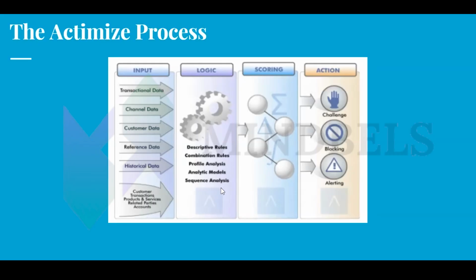Okay, then sequence analysis. Sequence means, again, something historic. As I said, it is related to the analytic model to understand the behavior. And this is where the actual thing happens. The scoring part is what decides whether it is eligible for an alert or not.